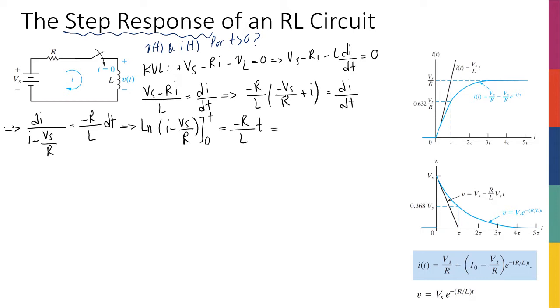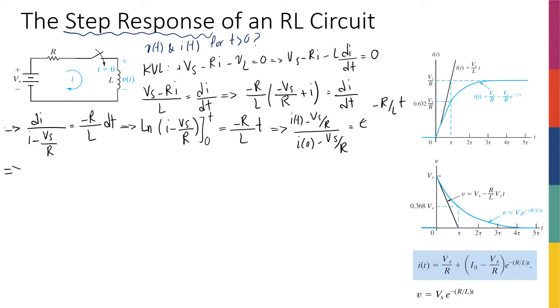Therefore, I can say that i minus Vs divided by R over i at 0 minus Vs over R, where the one on the denominator is i of t minus Vs over R, is going to be e to the negative R over L times t.